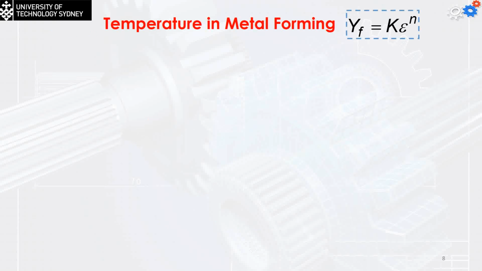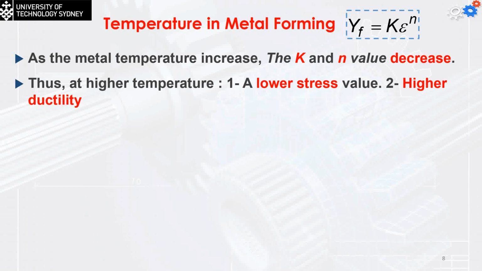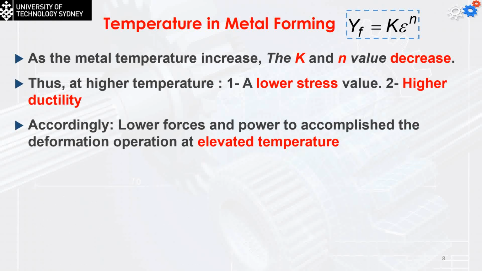And that's why in most of the deformation operations, we're heating the part before working on it. As the metal temperature is increased, the K and n values will decrease, and thus the flow stress value will decrease. So the forces and the power to accomplish the work are going to be less at the elevated temperature.